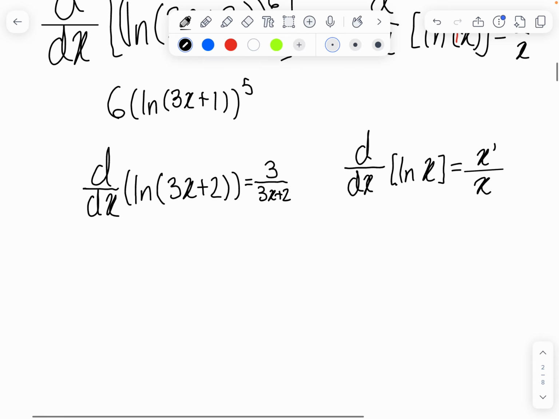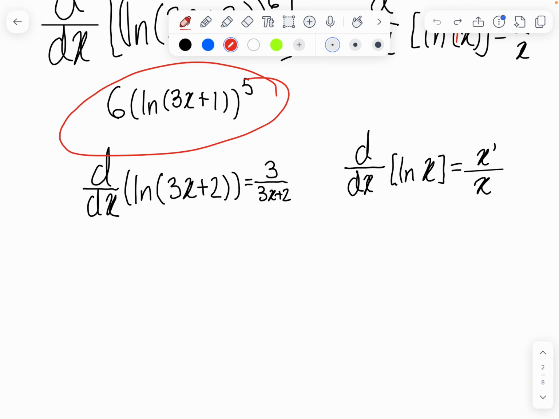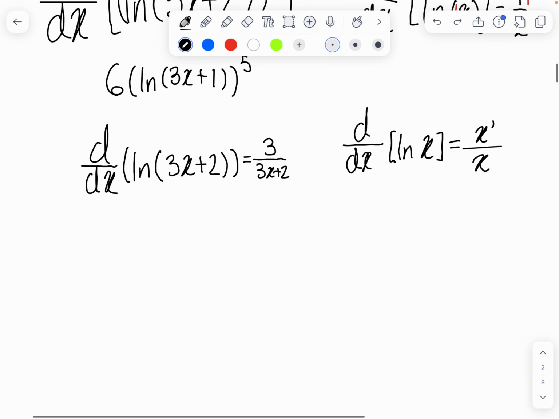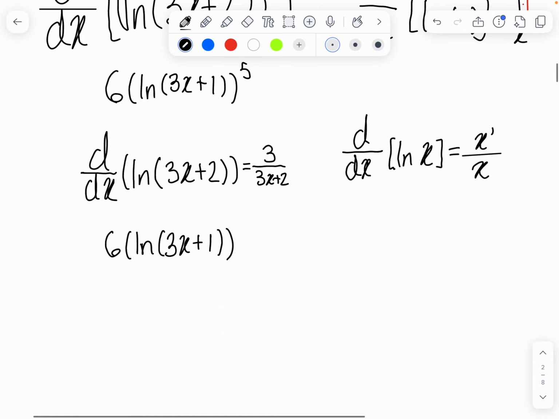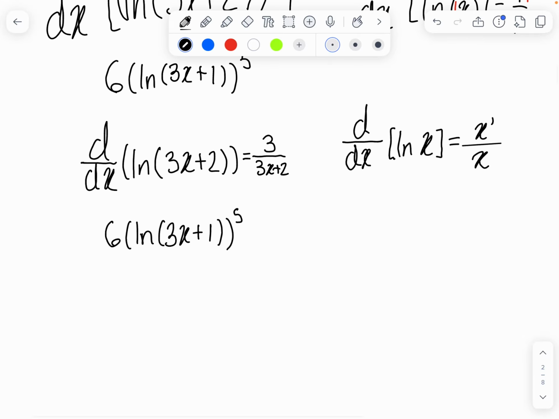So now if we combine both of these terms, we'd get 6 times ln of 3x plus 2 to the power of 5, multiplied by 3 over 3x plus 2.